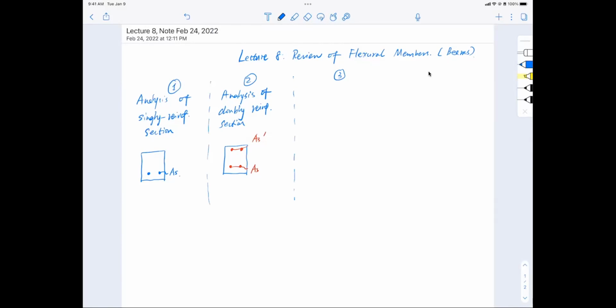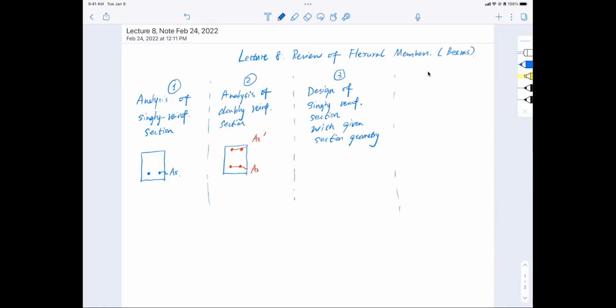Okay, great. The third one we're talking about is design of singly reinforced section with given section geometry.